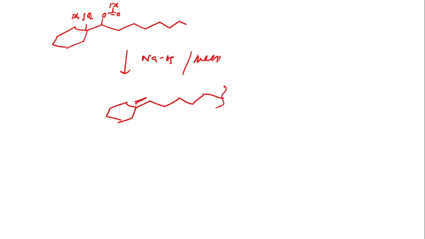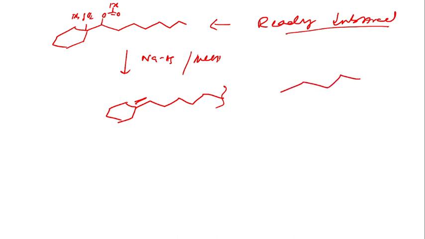For the Julia olefination, you know you will not always be given the aldehyde and this kind of thing. No, it is directly in the ready substrate. So your goal is, if I do the frame, let's say this one, here you will have the SO2Ph group, and here you will have a leaving group.